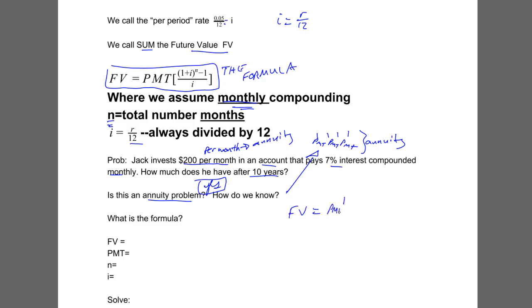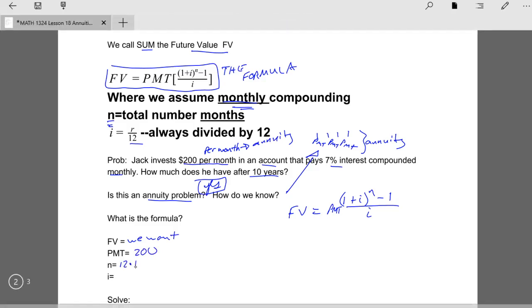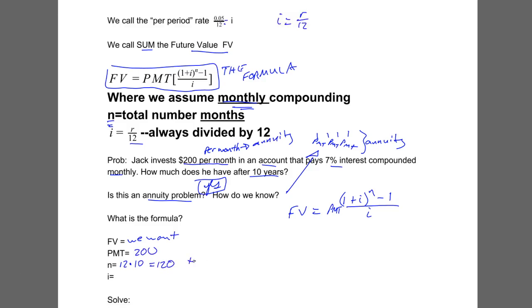Payment times 1 plus I to the n minus 1, over I. So what's the future value? That's what we want. The payment we know is 200. N is always 12 times the years, so in this case, 120. It's the total number of payments. It's defined differently than in the other formula we had.